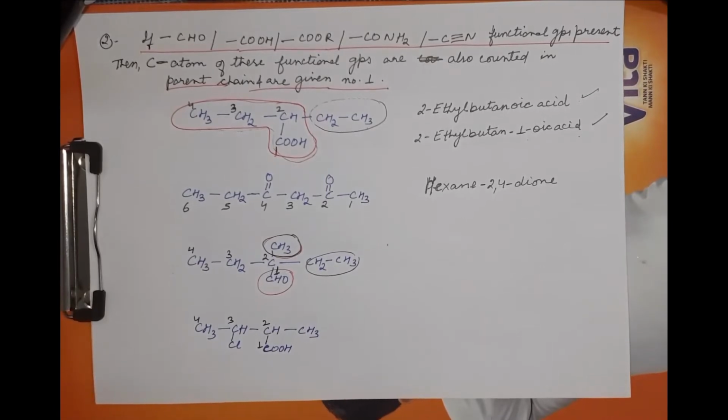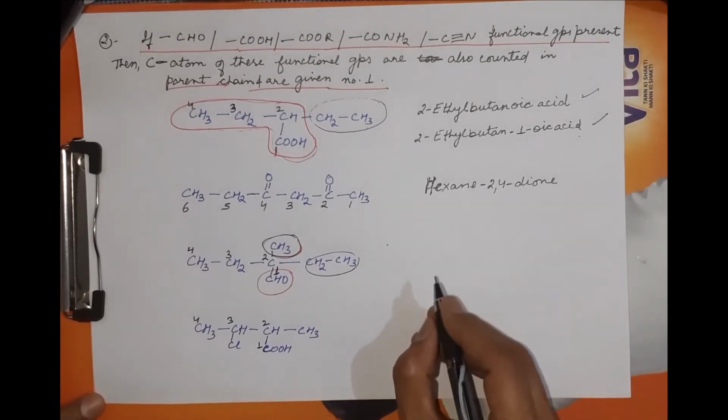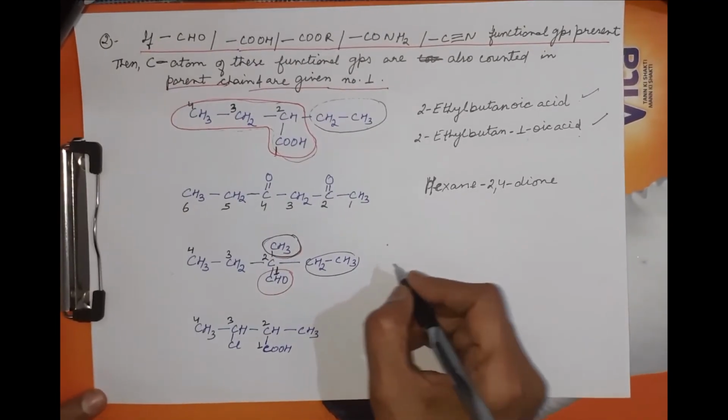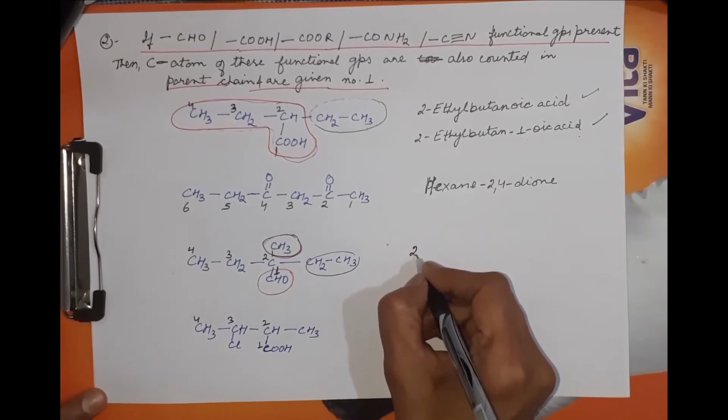We know substituents are written in the form of a prefix, and because two substituents are there, the methyl group and the ethyl group, we have to write their names in alphabetical order. So what will we be writing here?